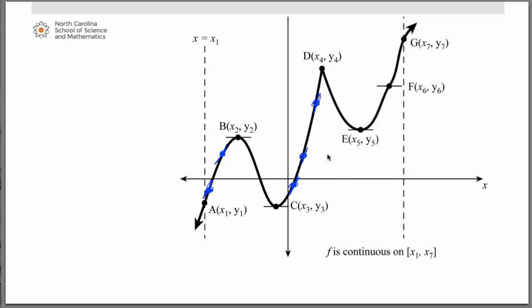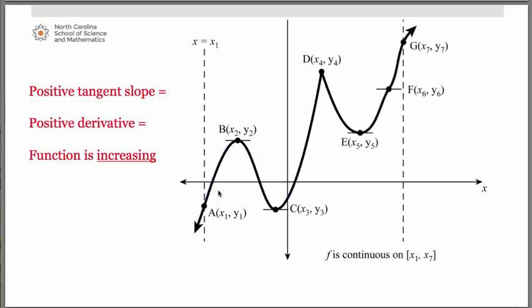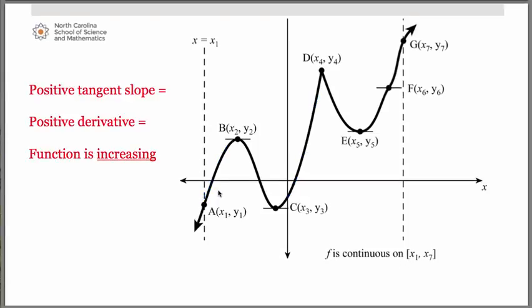If you think about the common characteristics here, every place I was able to draw a tangent line that has a positive slope, the curve, the function, is increasing at that location. So we can conclude that if the tangent line has a positive slope, that means it has a positive derivative, because remember the derivative is defined to be the slope of the tangent line to the curve. And it's on those intervals, at those locations, that the function is increasing.